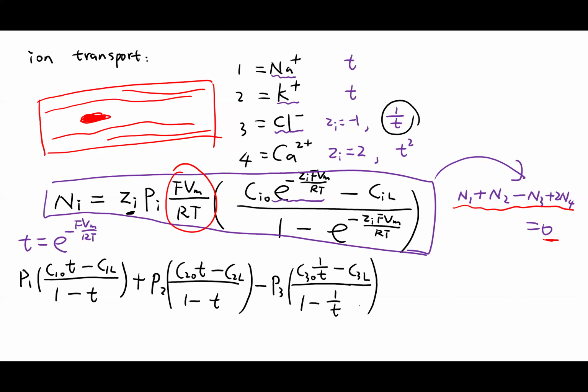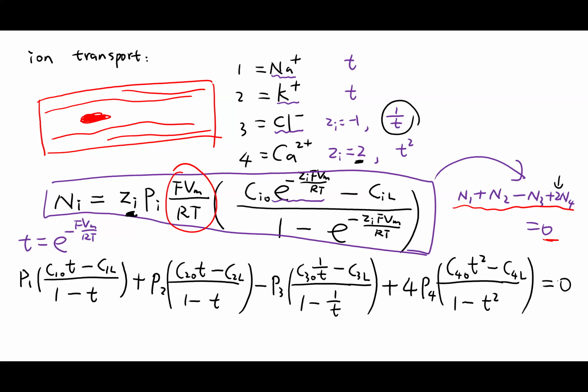And then the last one, be careful, the Zi is 2, and originally it has a 2, so it should be plus 4 P4. And then you will have 1 minus T squared, C4 naught T squared minus C4L, okay? And then this whole thing becomes 0, okay?